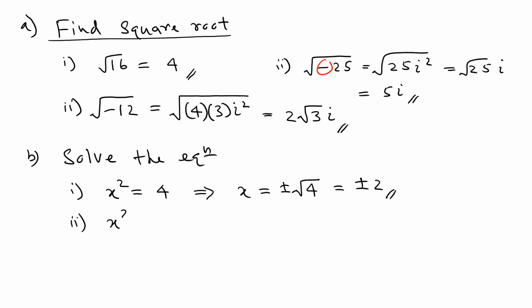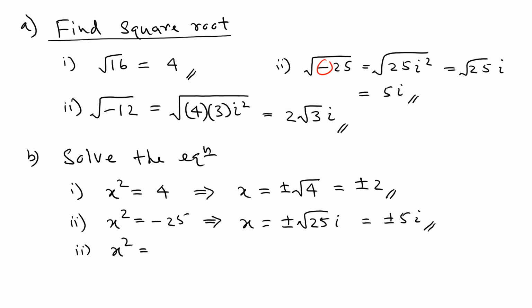Let's say x squared equals negative 25. It's the exact same numbers as the previous problem. So x equals plus or minus the square root of the number, and then put an i. That means this is plus or minus 5i. And then we can also look at this one, which is x squared equals negative 12.